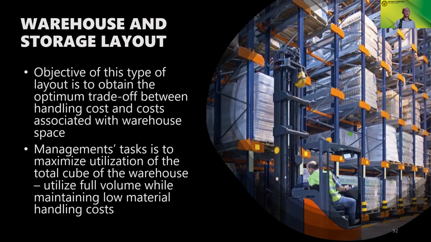That is, to utilize its full volume while maintaining low material handling cost. Material handling costs are all costs related to the transaction. This consists of incoming transport, storage, outgoing transport of the materials to be warehoused. These costs include equipment, people, material, supervision, insurance, and depreciation.